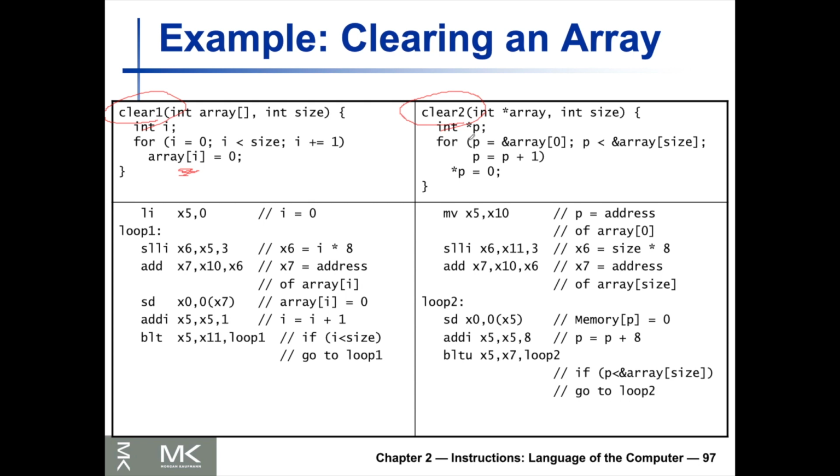So there are two ways to implement that clear function. What we do here, this ampersand returns the address of array[0], which is the base address of that array. So that p value has an address inside. So that's your pointer p.